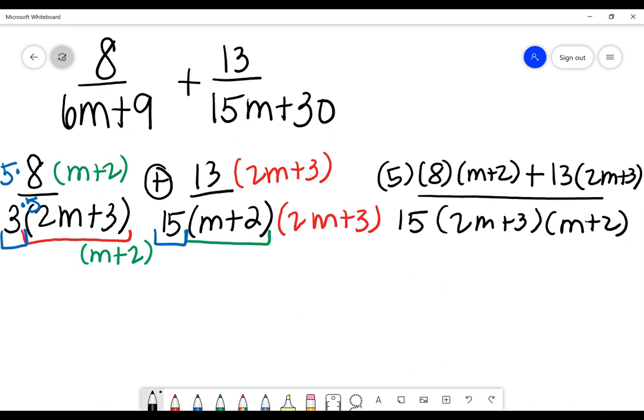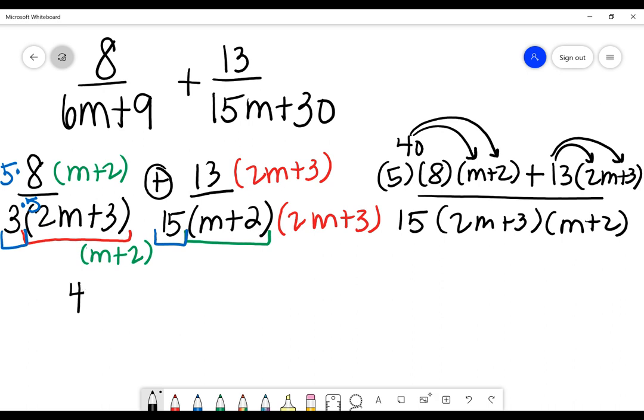Now that I've added, I've got a common denominator. I'm just going to multiply and combine like terms. So 5 times 8 is 40. And then I'm going to distribute that in. And I'm going to distribute in the 13. So I'm going to multiply this in, then I will combine any like terms to get to my final answer.